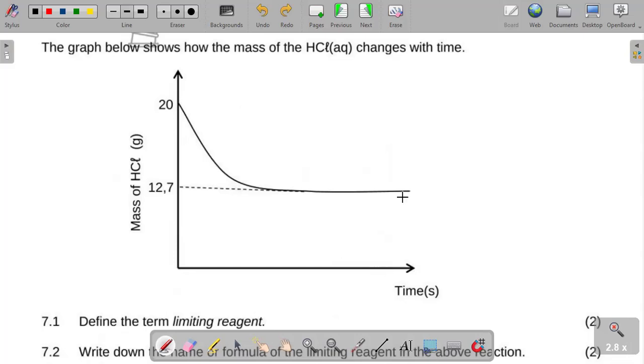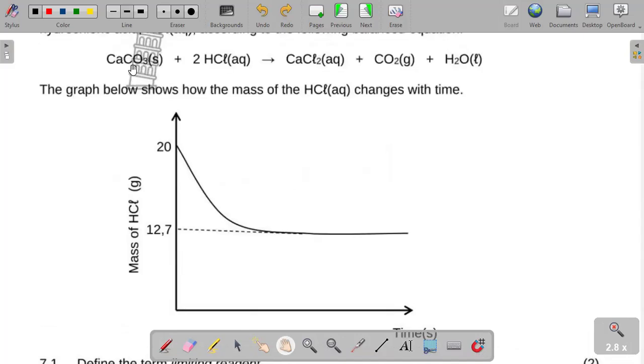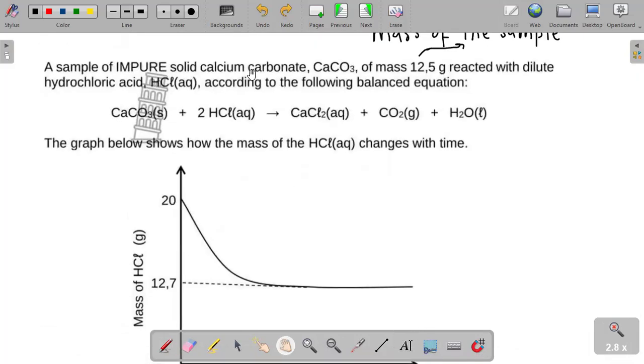So it's not being used up completely. We can find the mass used: 20 minus 12.7. Because we only have 2 reactants, if it's not HCl, it has to be calcium carbonate.